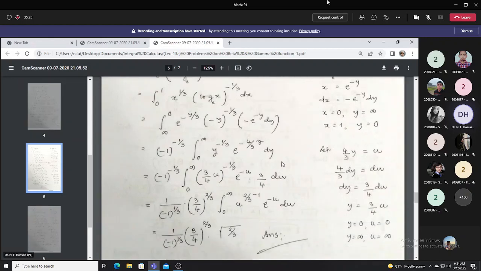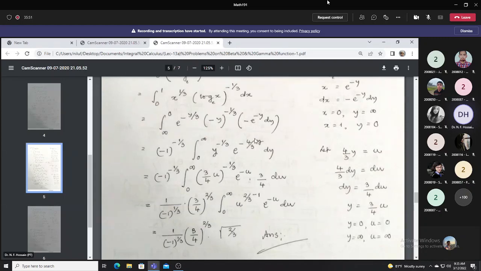Now let us do the simplification. Here, minus 1, we separate minus 1 and y. Minus 1 whole to the power minus 1 over 3. And under the integral, it should be y to the power minus 1 over 3 and e to the power minus y by 3 minus y.